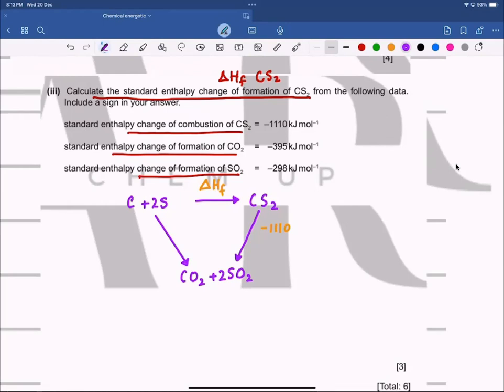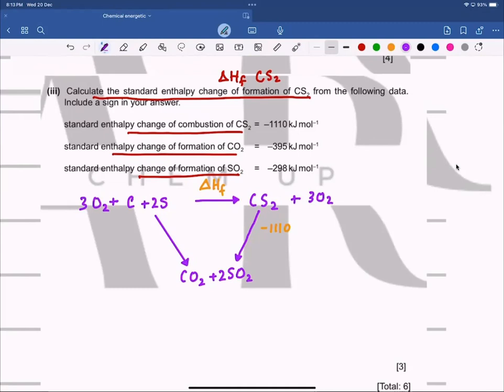But sir, we don't have oxygen in that reaction, so how would it form CO2 and SO2? So what you can do, you can just put oxygen over here and over here, as CS2 is combusting, forming CO2 and SO2. In the same way, carbon is combusting with the oxygen and the sulfur is also combusting with the oxygen.